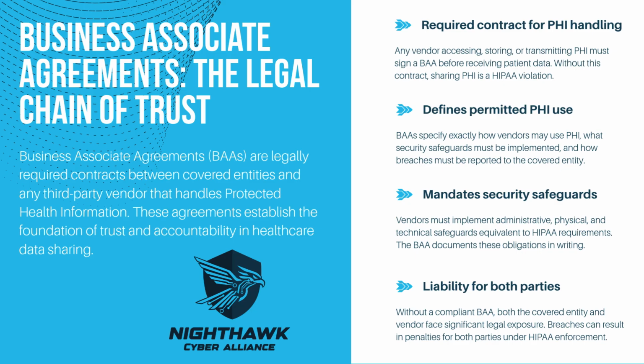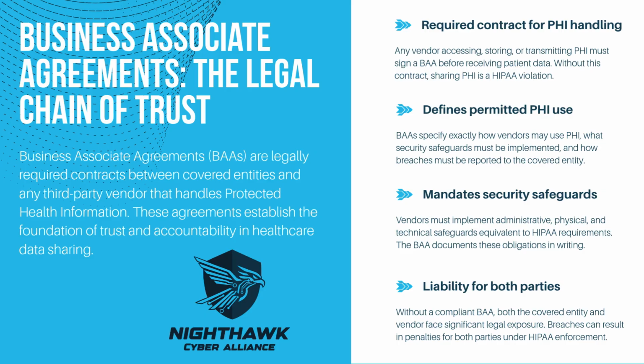Business Associate Agreements, known as BAAs, are legally required contracts between covered entities and any third-party vendor that handles protected health information. Before any vendor receives patient data, a BAA must be signed. Without that contract, sharing PHI is itself a HIPAA violation.